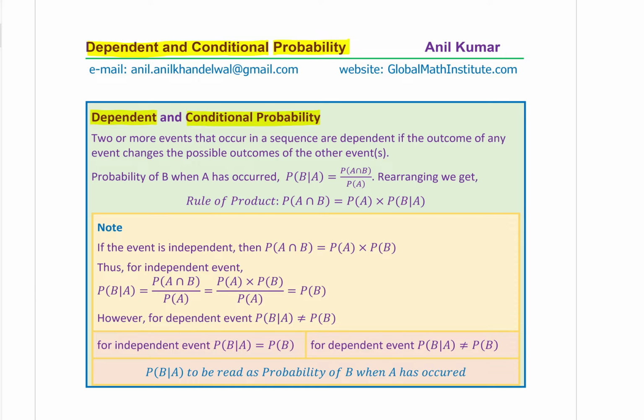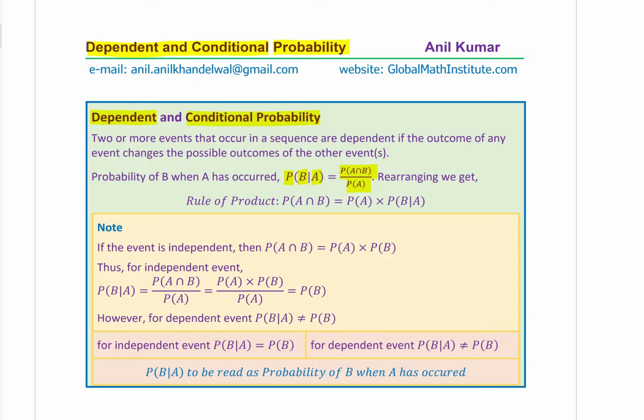As we dealt with this earlier with simple examples, we'll begin where we left off, knowing fully well that the probability of B, the event B, when A has occurred is given by the formula probability of A and B divided by the probability of A, correct?